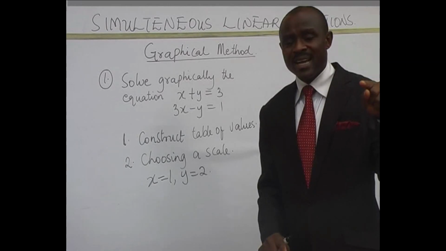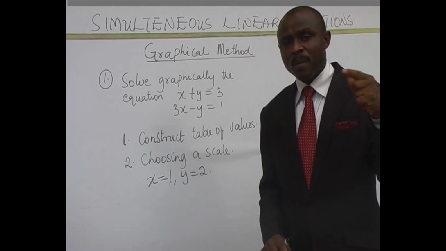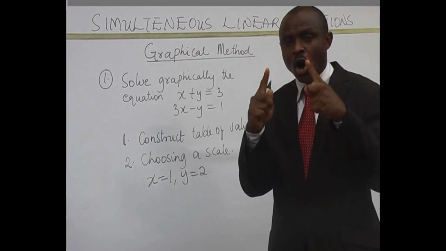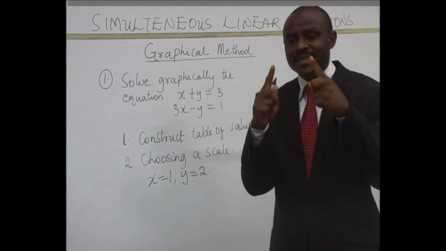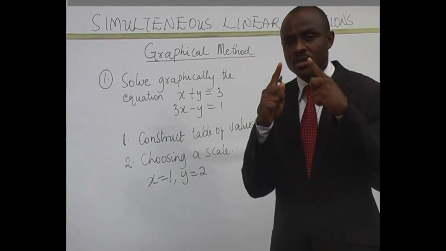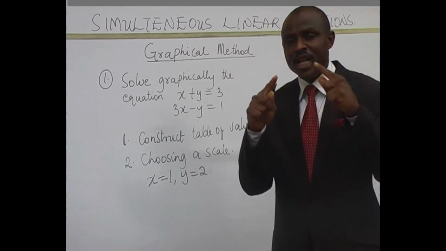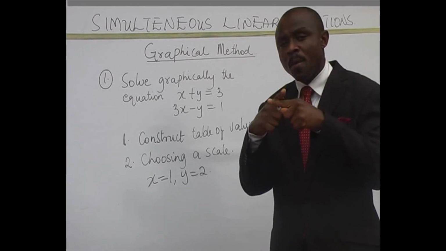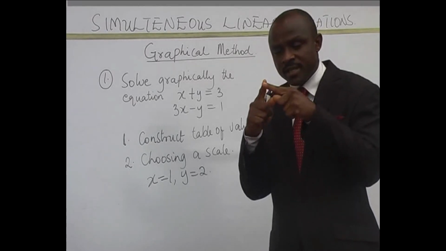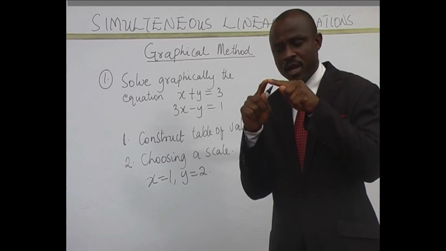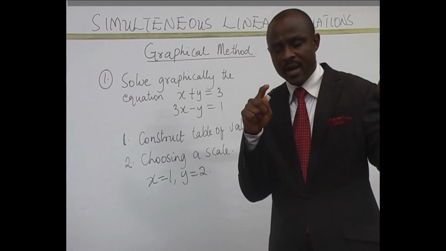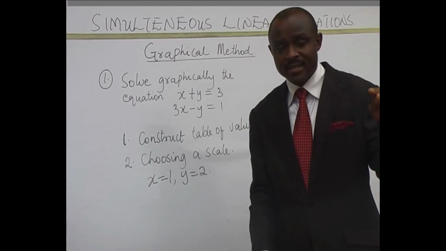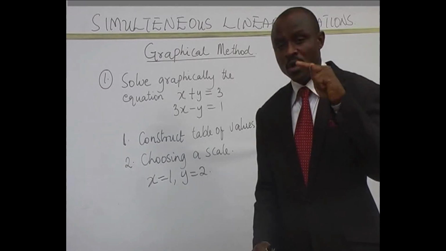So when you are plotting the graph of a simultaneous equation, bear in mind that you are going to have two straight lines on the graph, and the solution to the equation is the point of intersection of the two lines you are going to plot. Read from the point of intersection, read horizontally the value of y and read vertically down the value of x. Whatever you get will give you the solution to that equation.